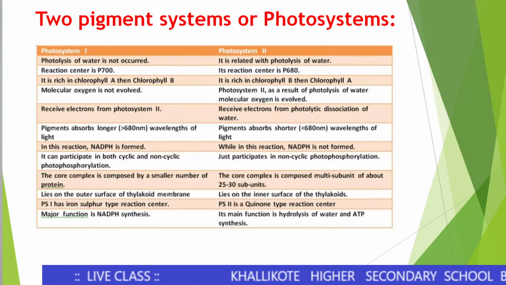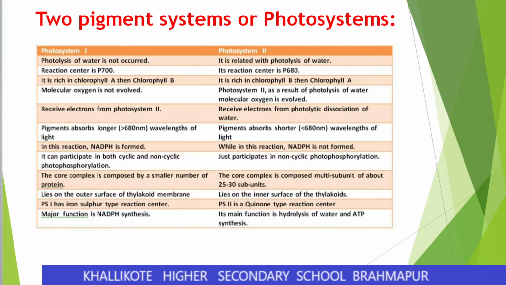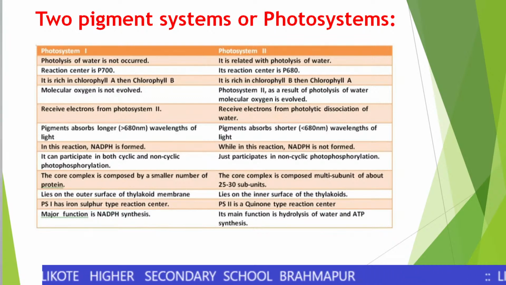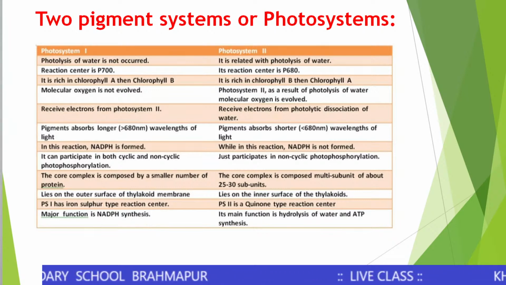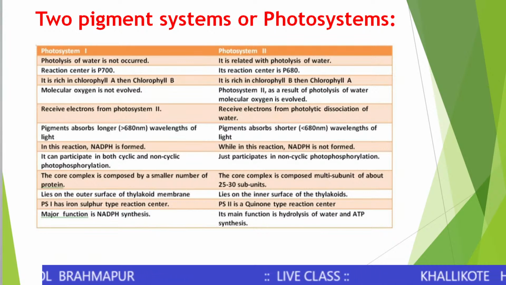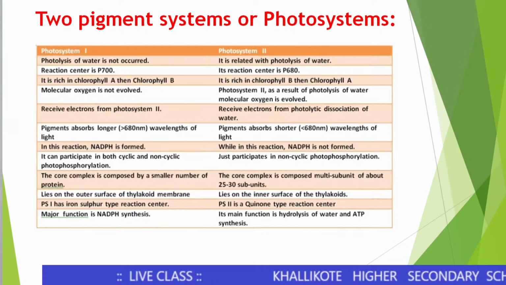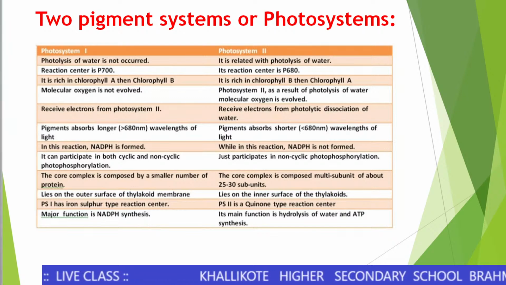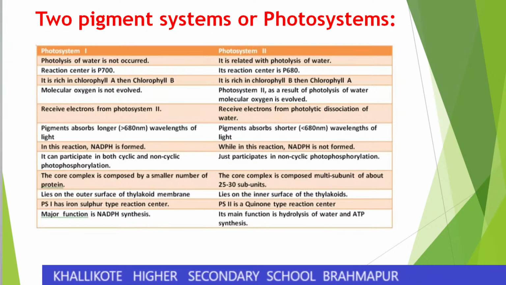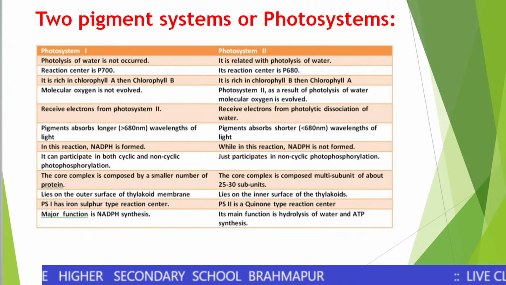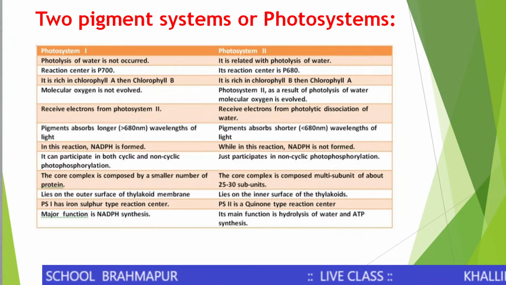Photosystem 1 is involved in the synthesis of ATP only and does not require water, so it is not involved in the evolution of oxygen. Photosystem 2 helps in the splitting of water, or photolysis of water, which liberates oxygen molecules.